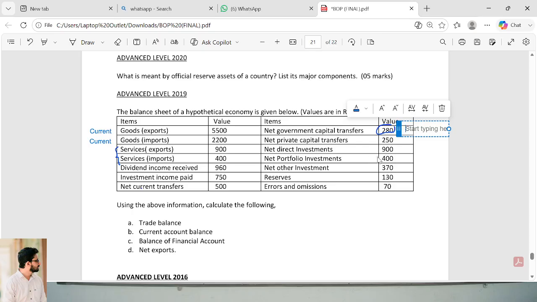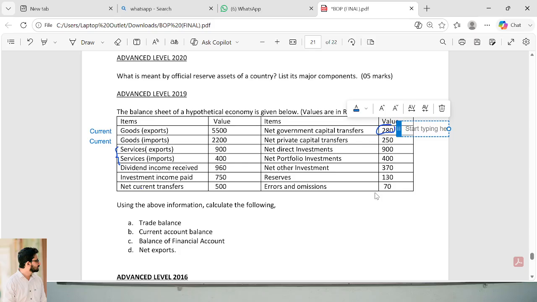Net portfolio investment, financial account. Direct investment, financial account. Other investment, financial account. Reserve assets, financial account. Errors and omissions does not belong to any of the accounts. It belongs to a separate element called errors and omissions. The only thing not given is financial derivatives.